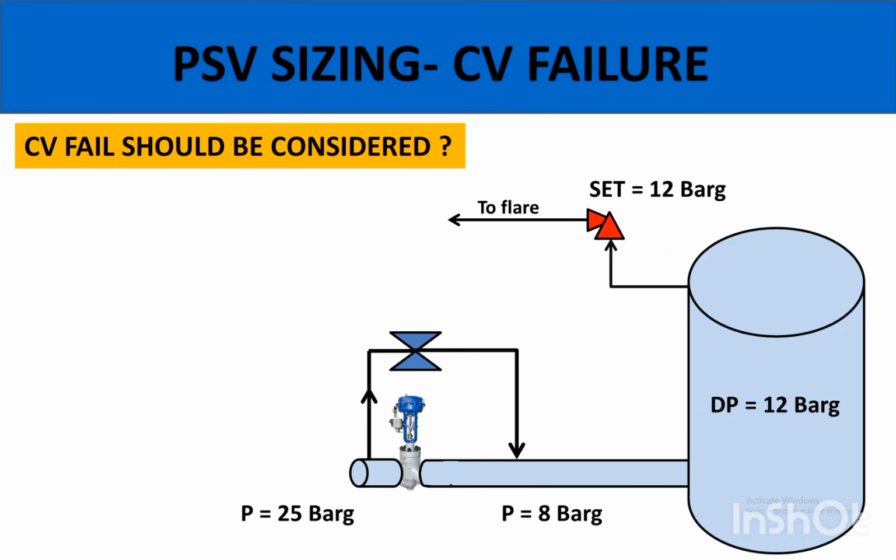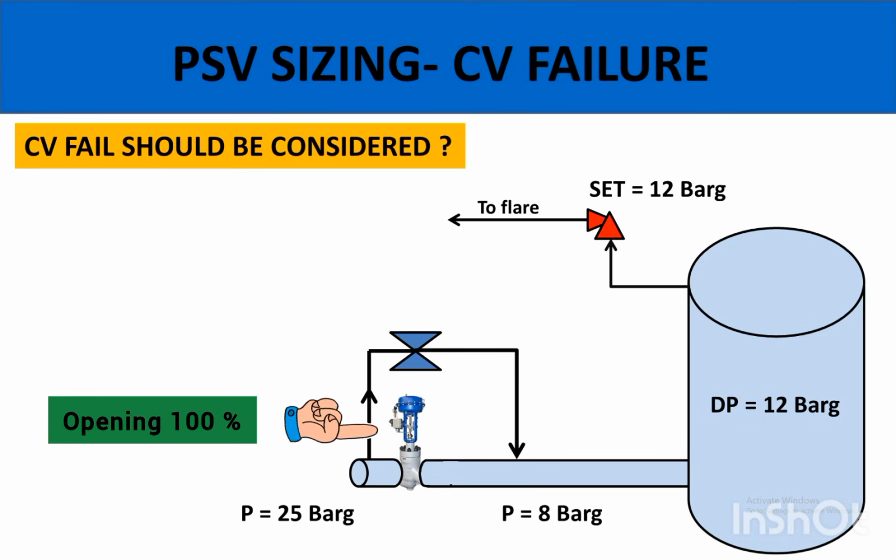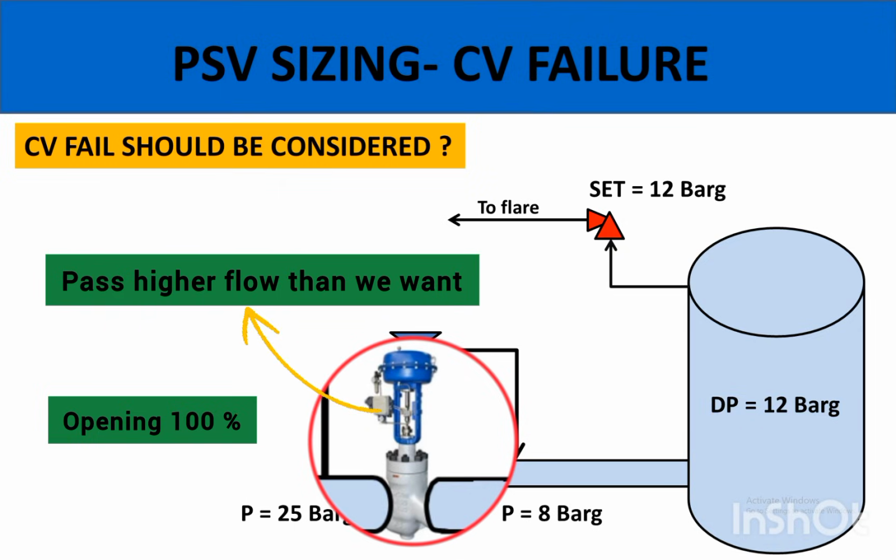Consider this simple example with a valve whose upstream pressure is 25 bar gauge and reduces the pressure to 8 bar gauge, while the set pressure of the PSV installed on this vessel is 12 bar gauge, which is the same as the design pressure of the vessel. When this valve fails open and its opening is 100%, its flow rate exceeds the intended flow rate that we designed for.